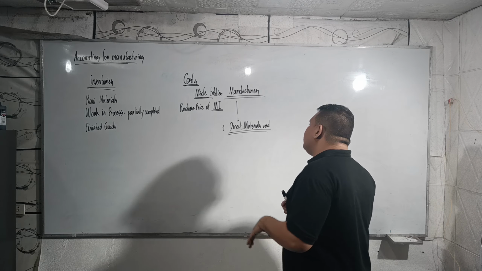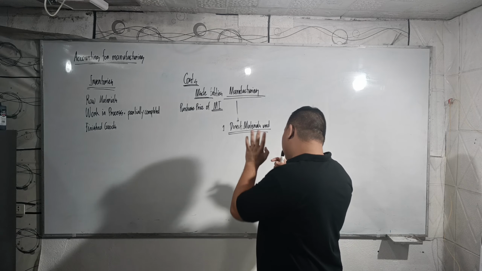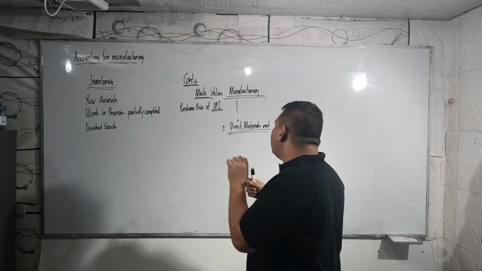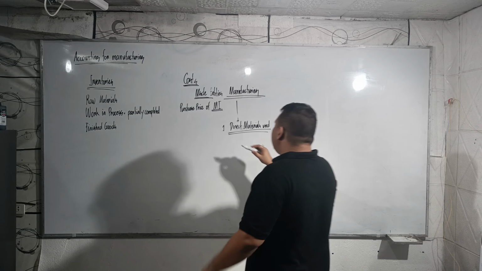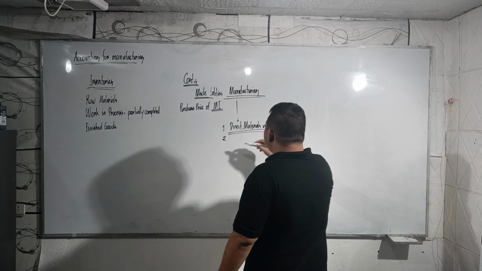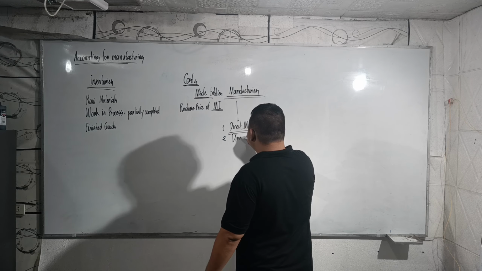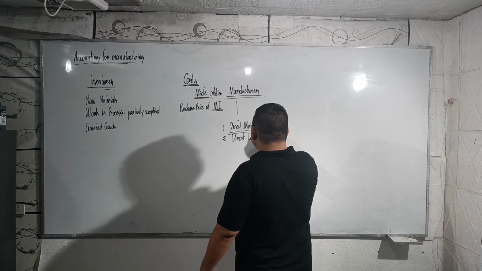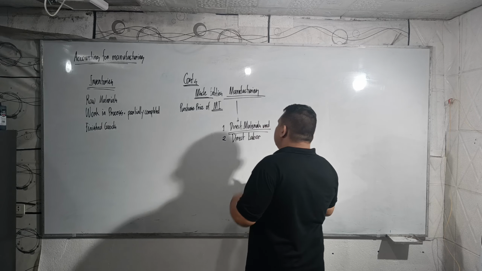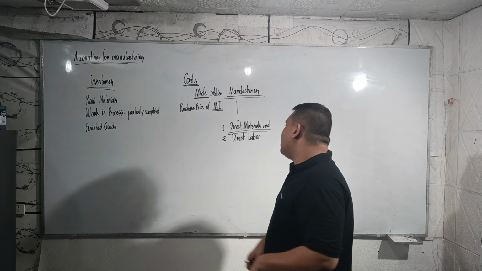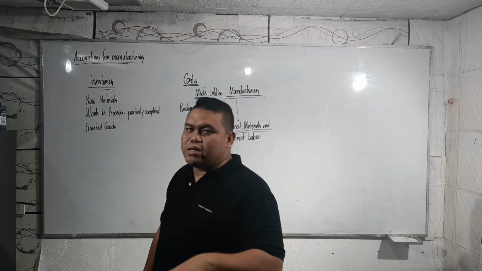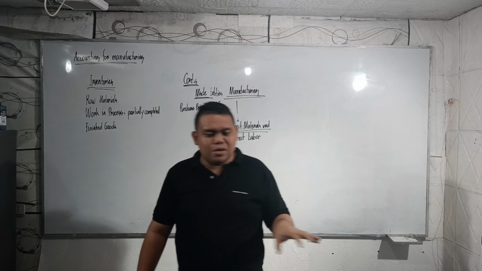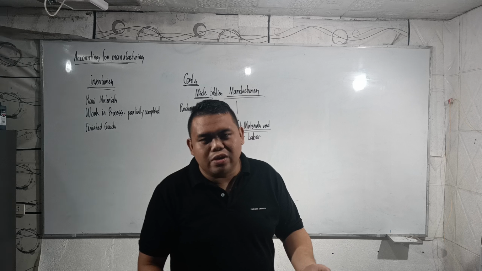Again, on manufacturing, the number one main cost is the cost of the direct materials used. The second one is direct labor. Same with direct materials, direct labor is what you are paying the workers who are actually working on the finished product.